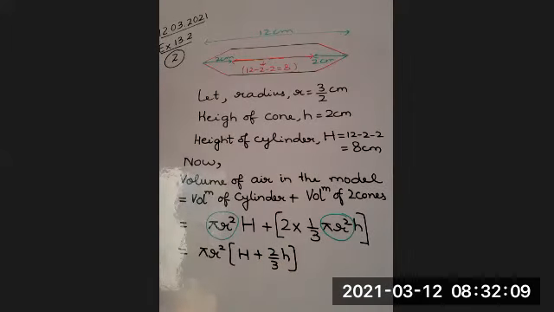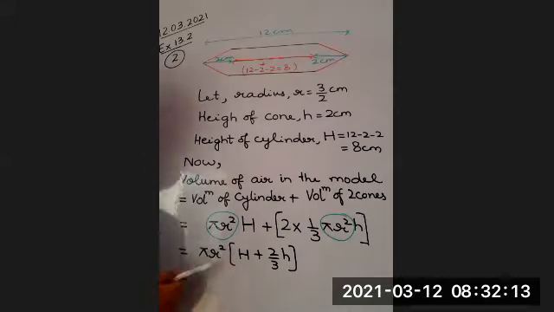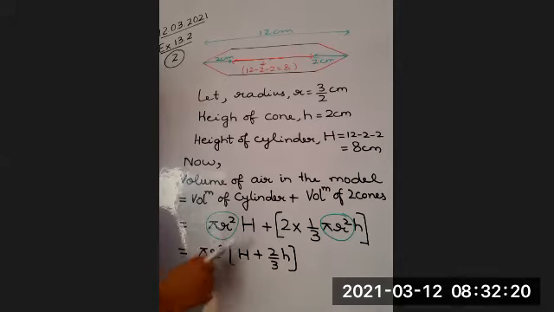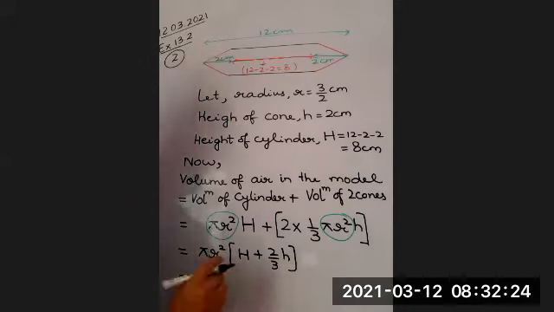Now let us put the values. If you have a multiple of 7, then take pi to be 22 by 7. Otherwise, not. But let us first solve the bracket. Maybe the bracket is a multiple of 7. We need to cross check that. So let us take 22 by 7.